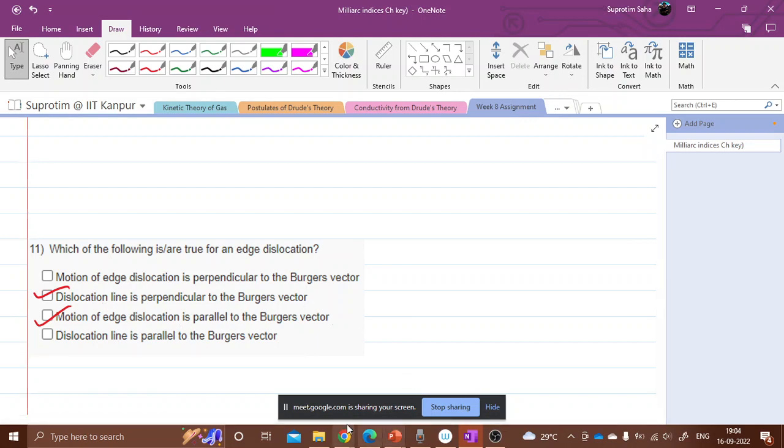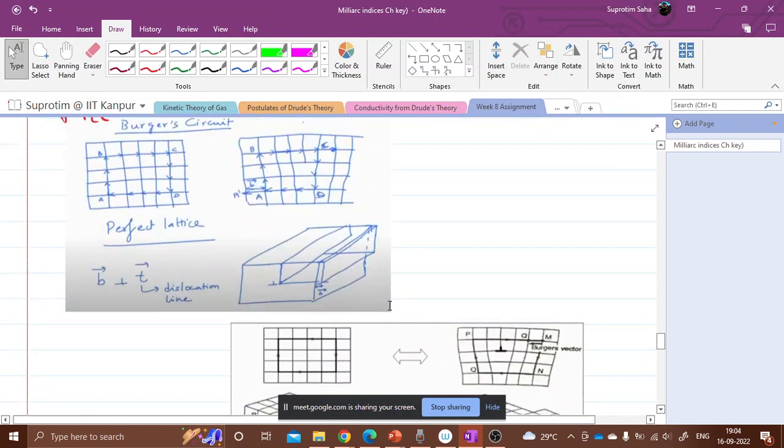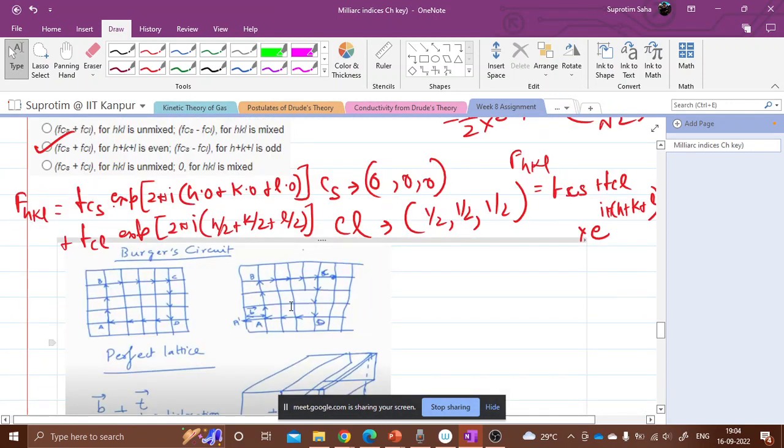All right. Because you see, the motion of the dislocation: this is the dislocation, and if you have to compress it, it is getting strained along the Burgers vector, right? The plane is perpendicular to the Burgers vector, and it is strained along the Burgers vector direction. The only point of drawing this Burgers circuit was to get the strain direction, right?